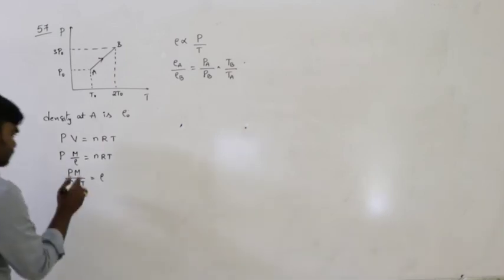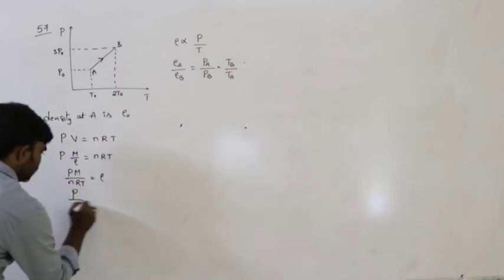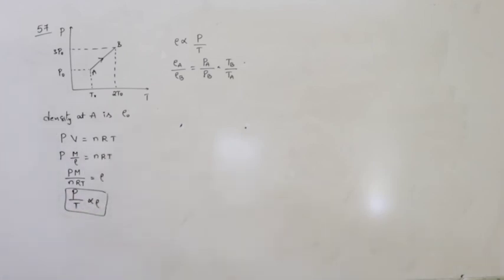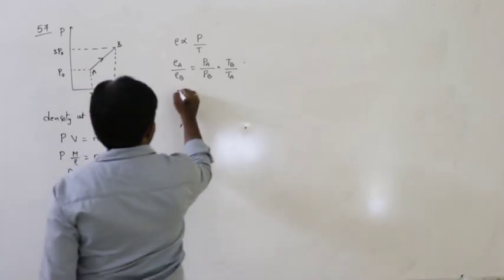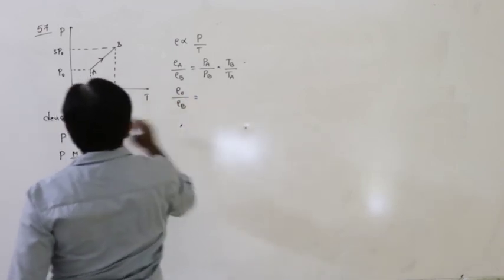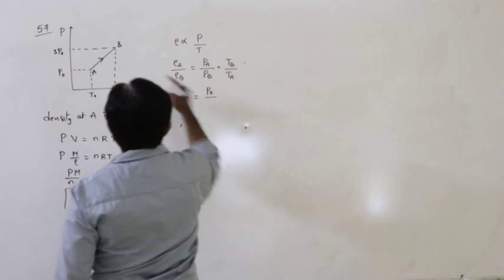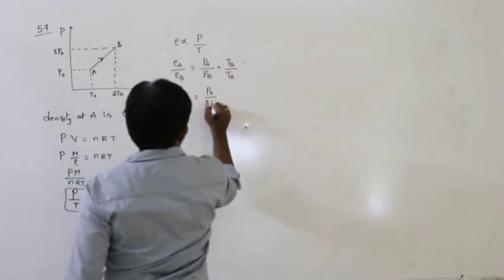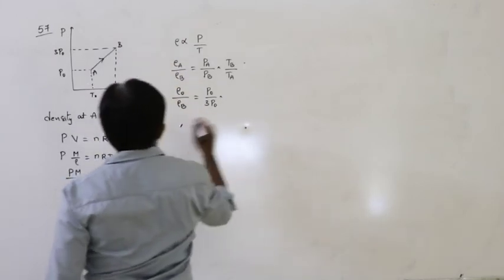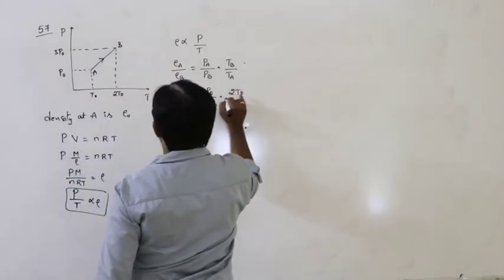So here P by T is proportional to rho. M constant, n constant, R also constant. So rho A by rho B is equal to pressure at the point A, P naught, by pressure at the point B, 3 P naught, times temperature at the point B, 2 T naught, by temperature at the point A, T naught.